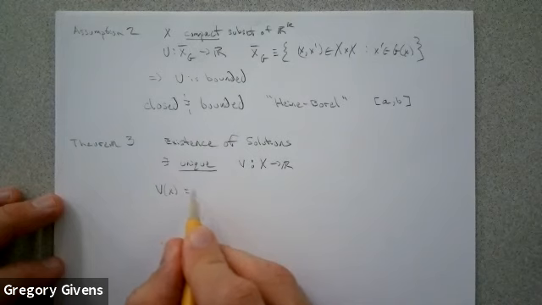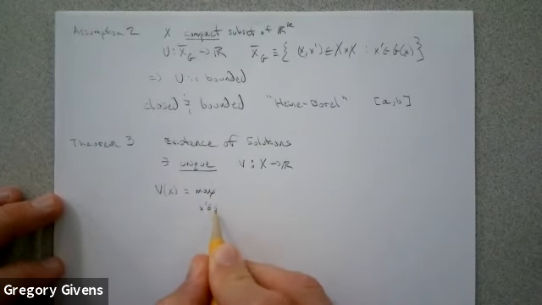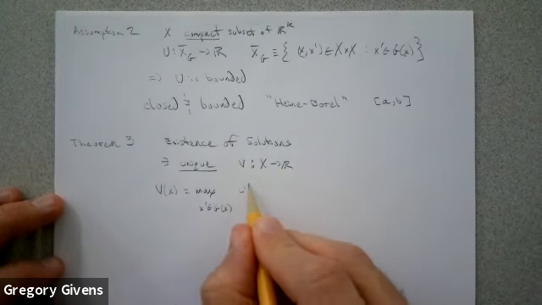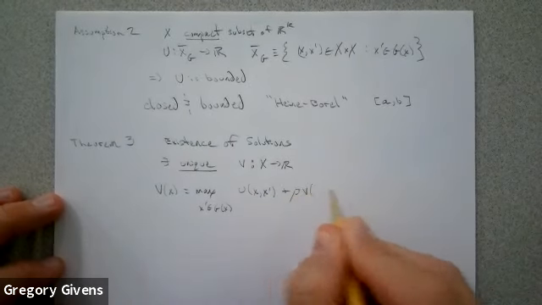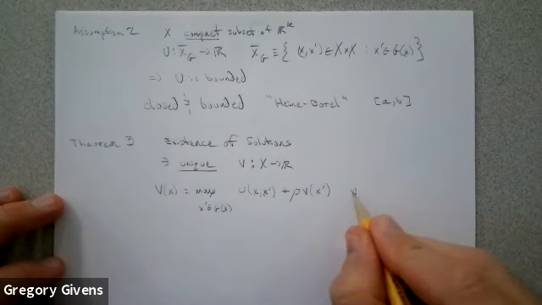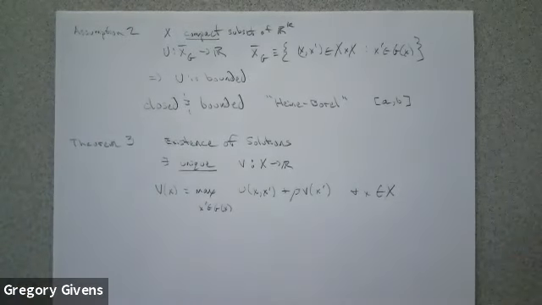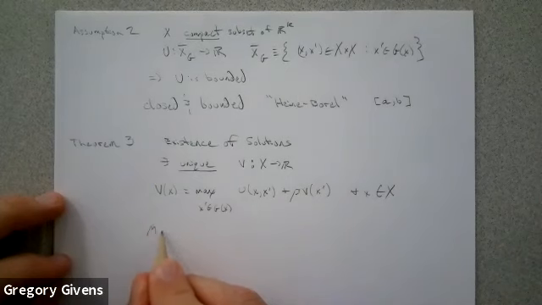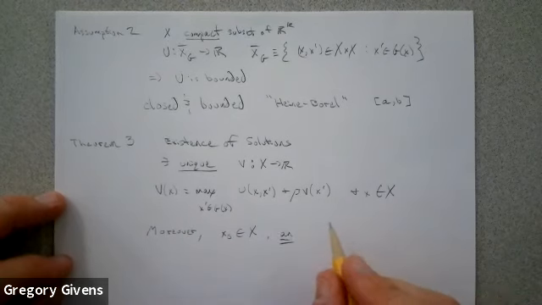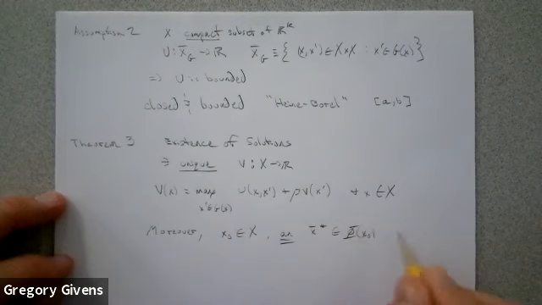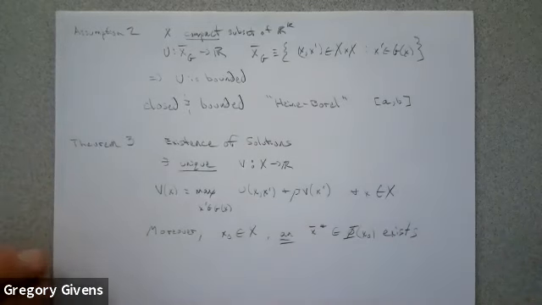V of little x is equal to max over x prime in G of x, U of x, x prime plus beta V of x prime, for all x in big X. Moreover, for any initial x in big X, an optimal plan, let's call it x star, exists. That's theorem 3 on the existence of solutions.